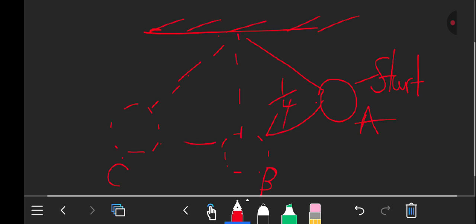If it moves again from this point to that point, it makes another quarter. Then if the bulb moves from point C to point B, it makes another quarter. If the bulb moves now from B to A, it makes another quarter.